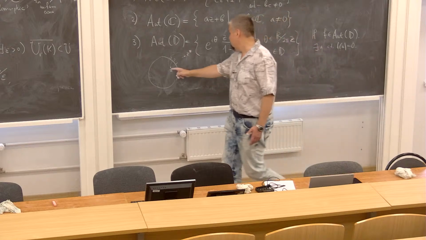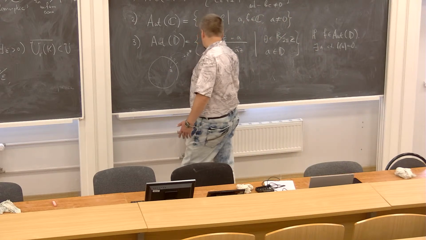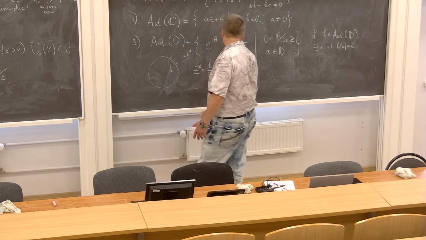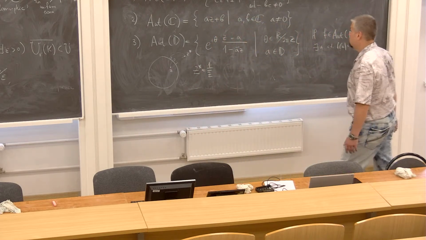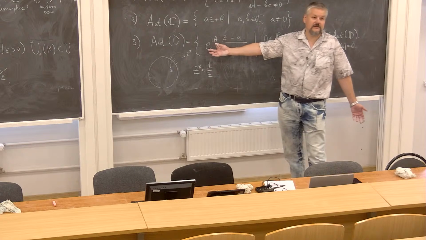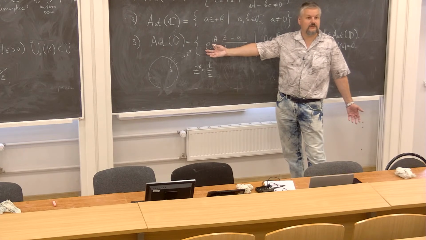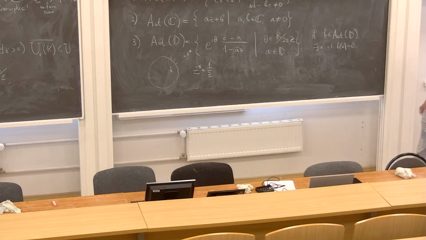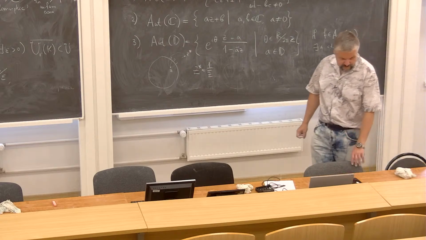So if Z is here, then Z star is just 1 over Z bar. And the coefficient just must have modulus 1, which is also clear. Okay, so we discussed all the automorphism groups.